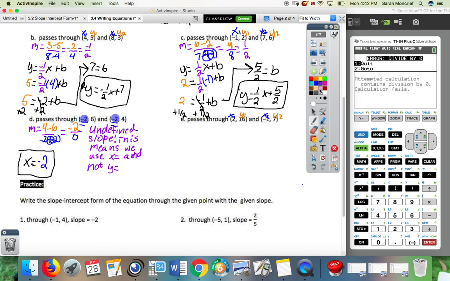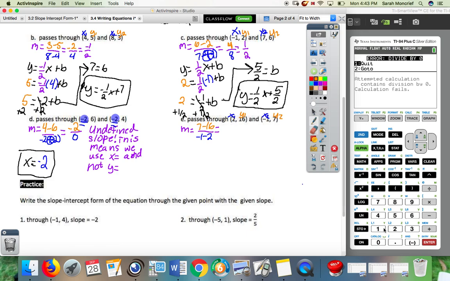So what's my first step in this? Finding my m. So we are going to do m, finding my slope, and we are going to use that slope formula. y2, so 7, minus y1, so 16, over x2 of -1 minus 2 for x1. So let's go figure this out. What is 7 minus 16?